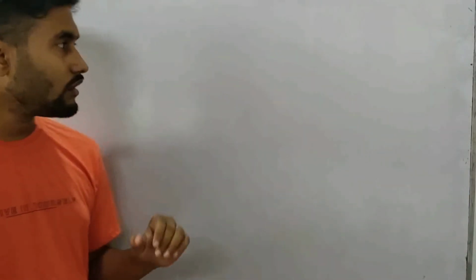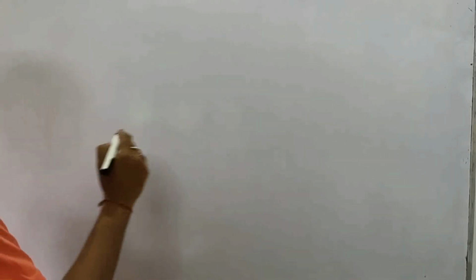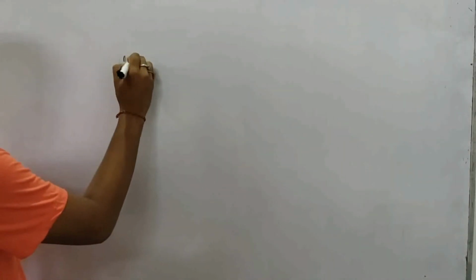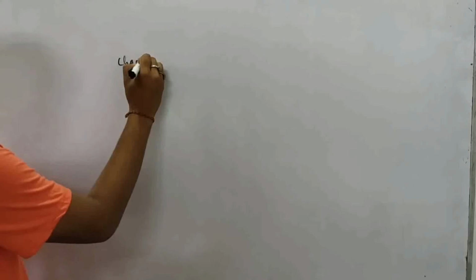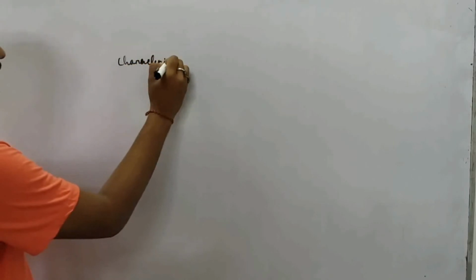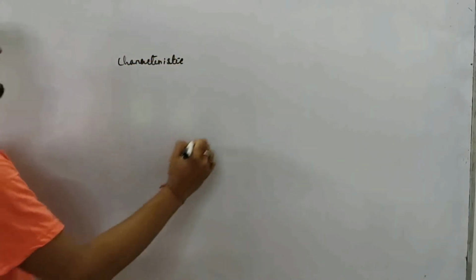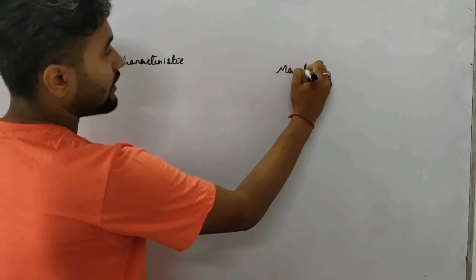Okay, in this exercise the base will be compulsorily 10. Common logarithm only, okay? So now two things you have to know at first, that is characteristics and next is what? Mantissa.